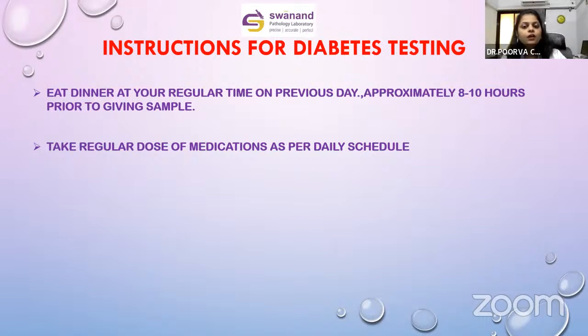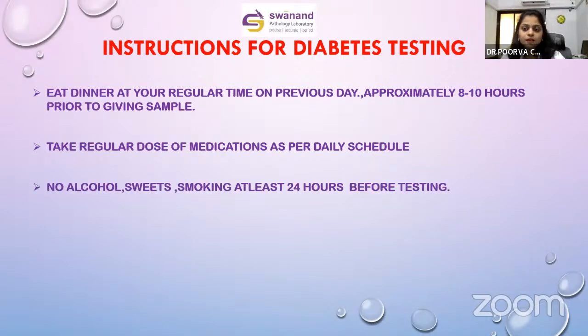But yet, if you're taking any other tablets, please consult your doctor before doing the test one day prior. Okay, so yes, very important, 24 hours prior to testing, please avoid alcohol, avoid any sweets, avoid smoking. Okay, why? Because all these three things will speed up your digestion and you will get false results.